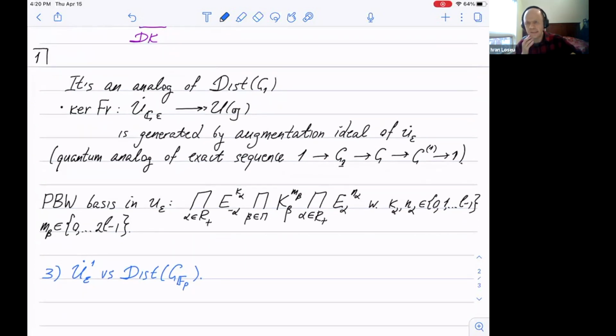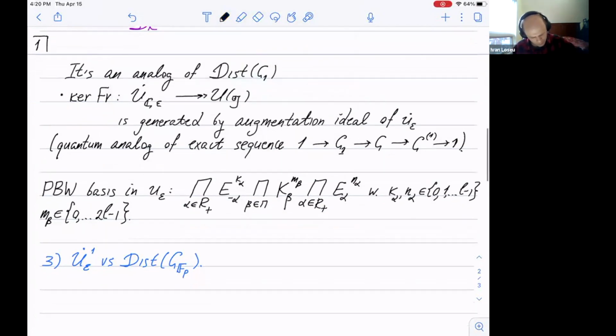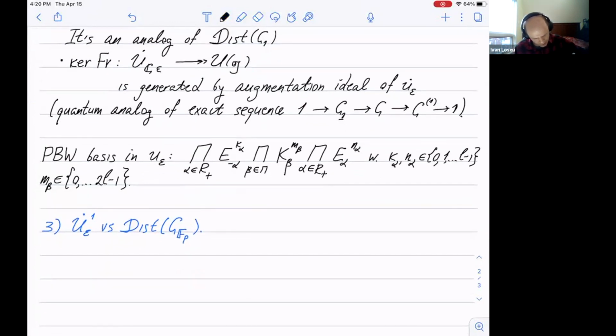For this, of course, to establish such a connection, I cannot work over the complex numbers. I need to work over a ring, and I want to fix L equal to p, a prime, with the same restrictions on L as before.